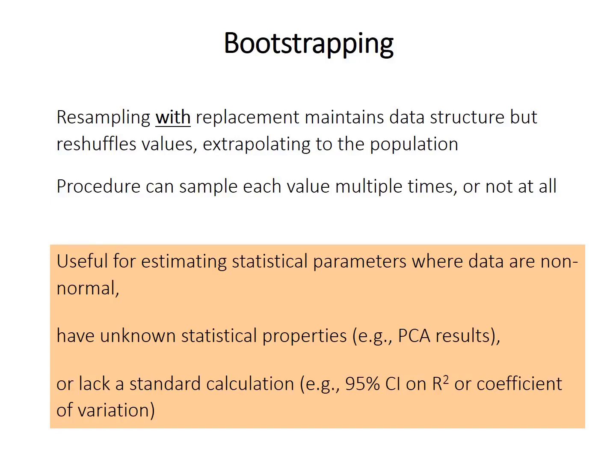The example on the previous slide is sort of trivial because we already had a formula for the confidence interval on a mean, and so we could just use that. But bootstrapping is useful in many other situations, like for non-normal data, when the mean and that confidence interval formula don't really apply.